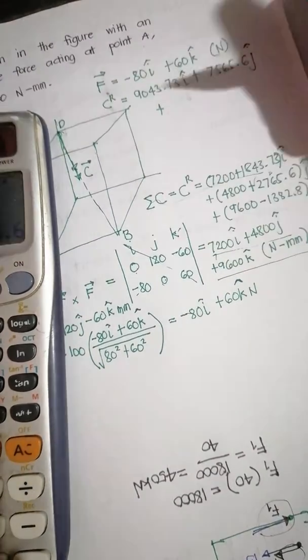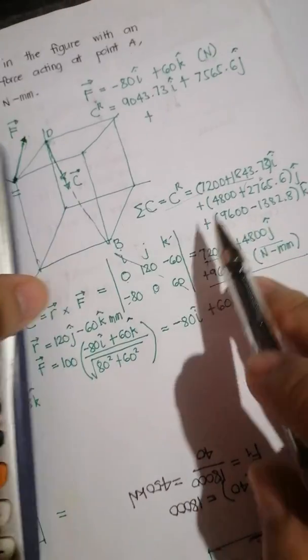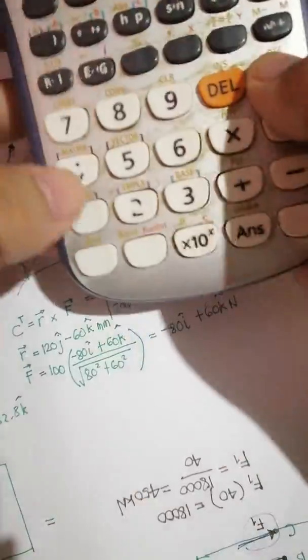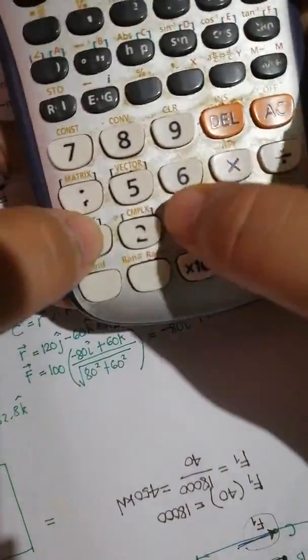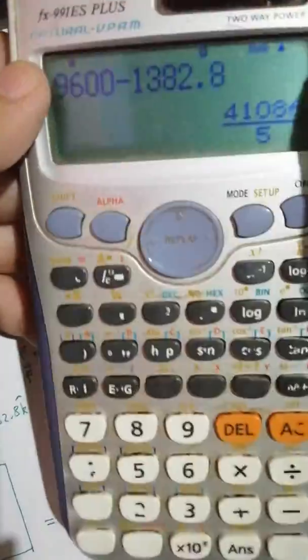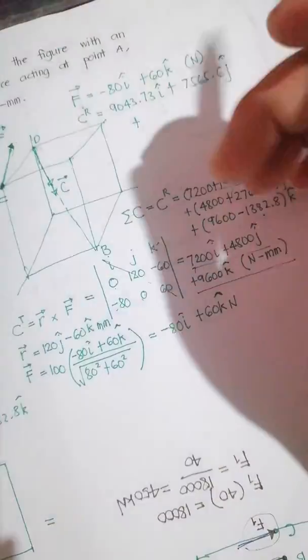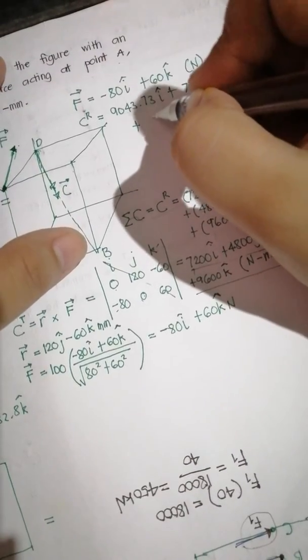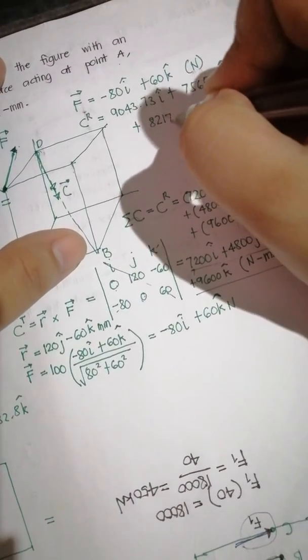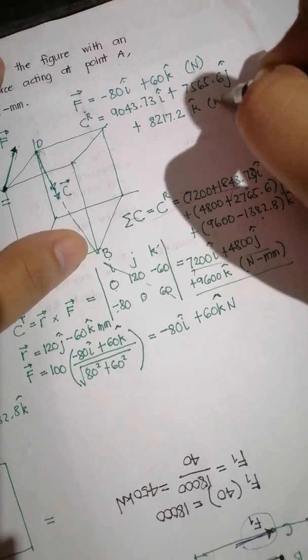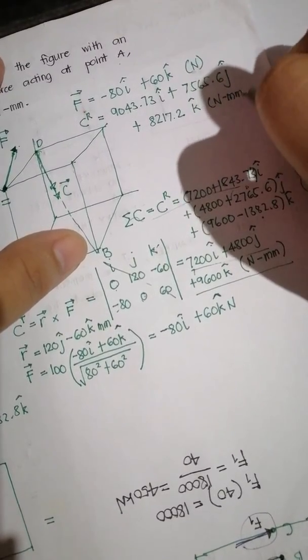Then for k hat, we add 9,600 minus 1382.8, which is 8217.2 k hat. This is of course in Newton mm.